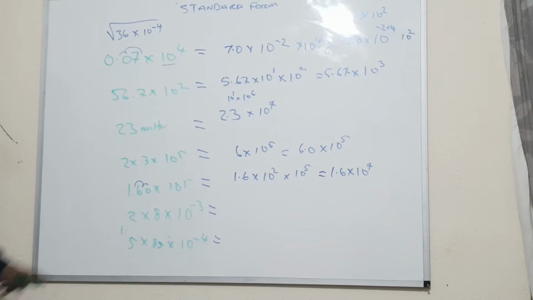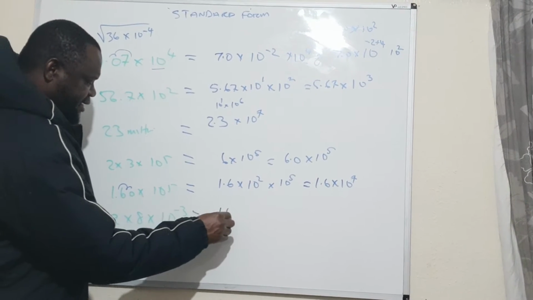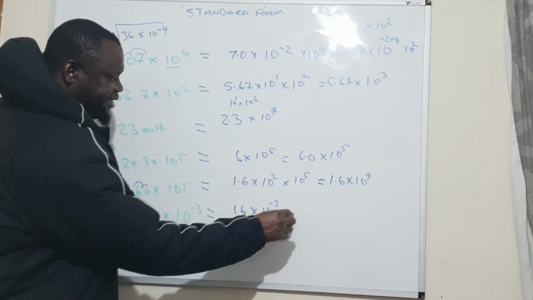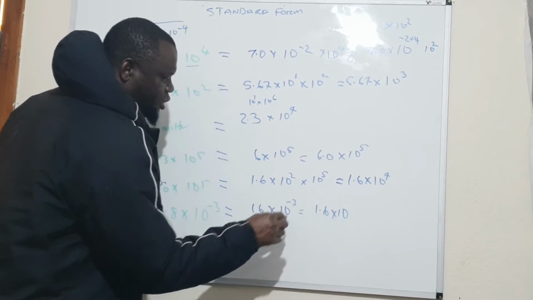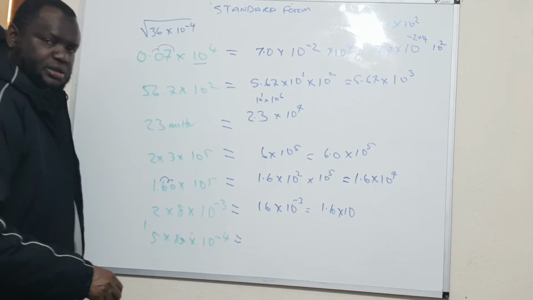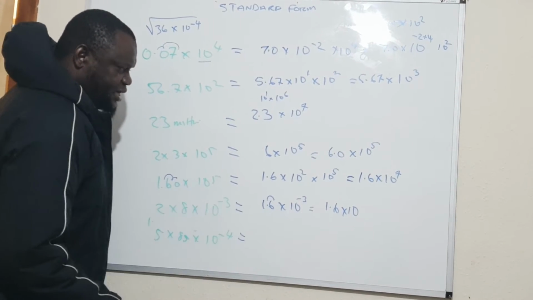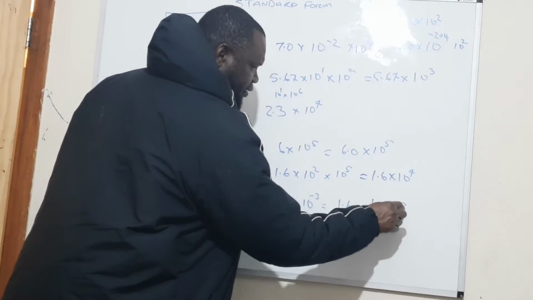You get it? Now look at this one. 2 times 8 is 16 times 10 to the power minus 3. But 16 in index form is 1.6 times 10 to the power 1, because we move the decimal place 1 time. So 10 to the power 1 times 10 to the power minus 3.